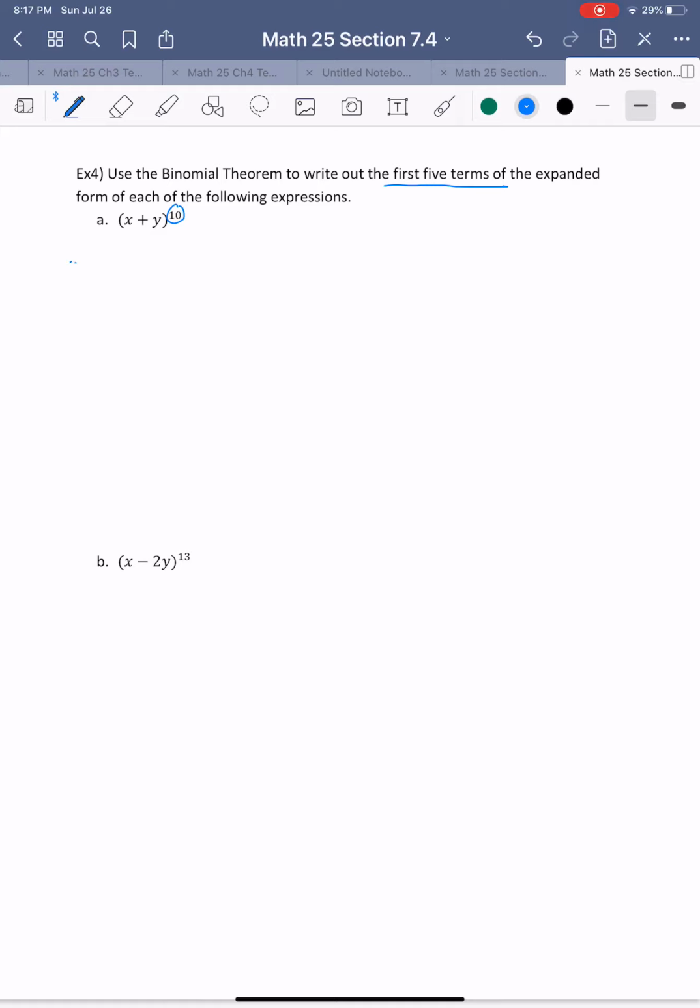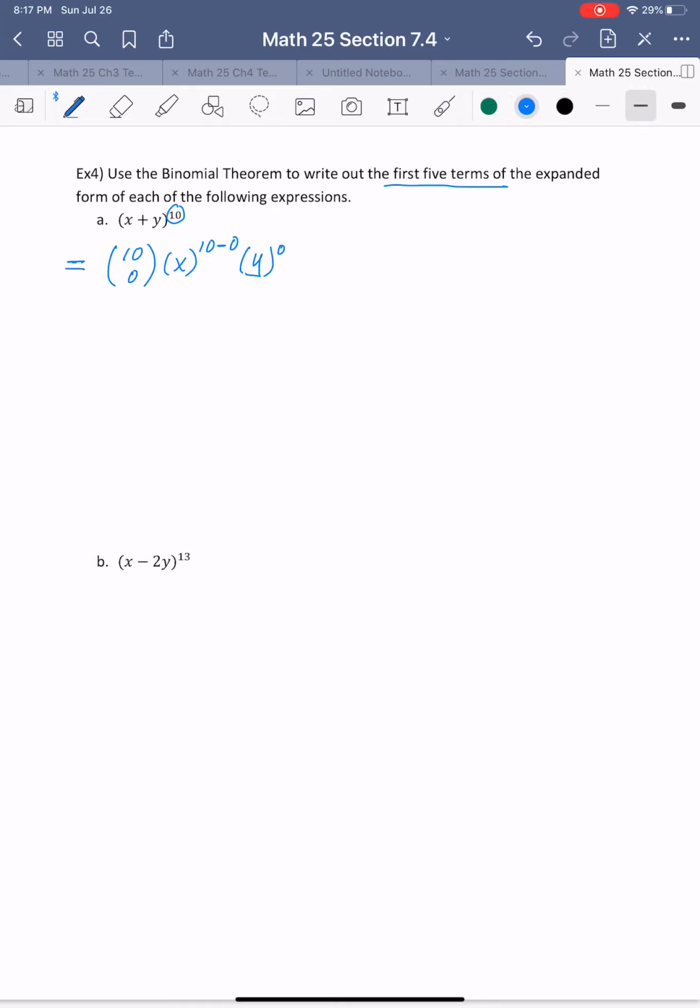So you're starting from 10 choose 0, and then x is to the power 10 minus 0, and y is to the power of 0.